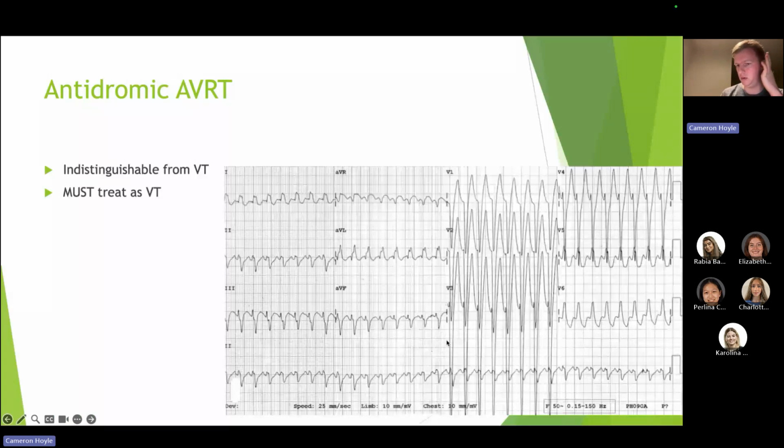So don't go trying to distinguish VT from antidromic AV-RT, because doing that, you will cause harm to the patient because inevitably you'll miss a VT. So just treat it as a VT. For academic purposes, if in a background of Wolff-Parkinson-White syndrome, potentially this could be AV-RT.